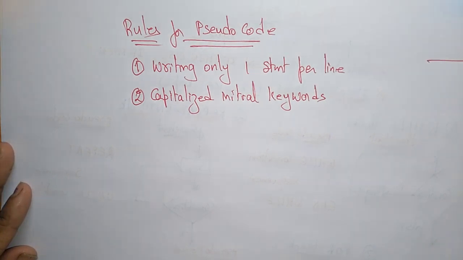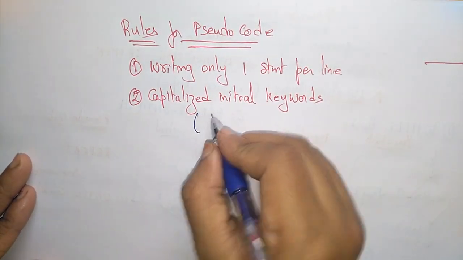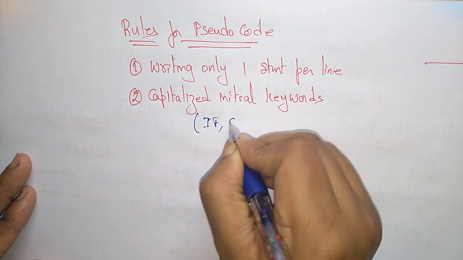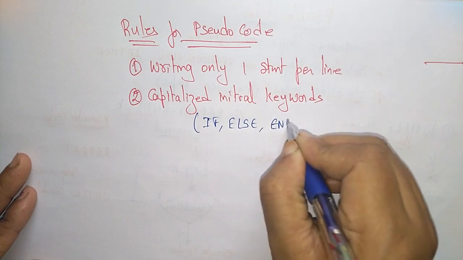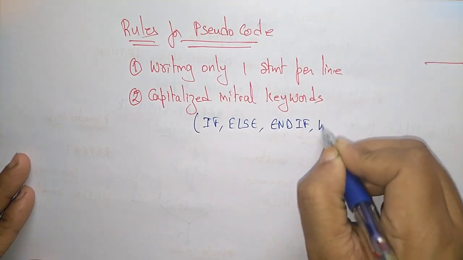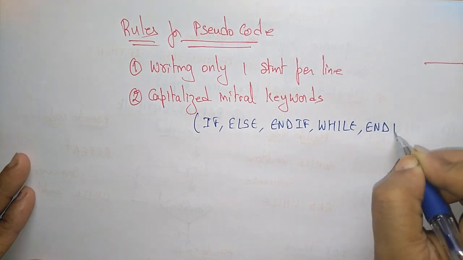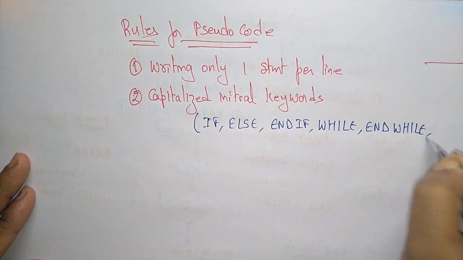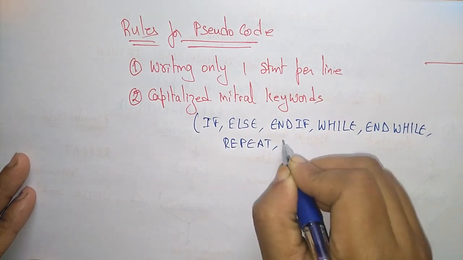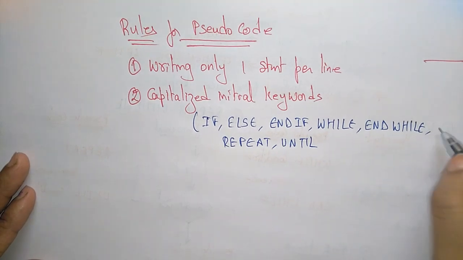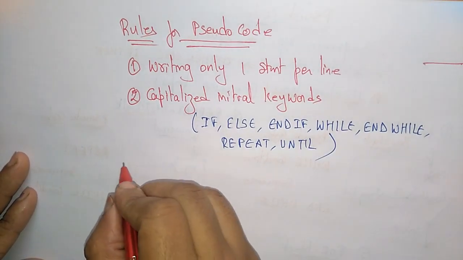There are only a limited number of keywords used in pseudocode: IF, ELSE, ENDIF, WHILE, ENDWHILE, REPEAT, UNTIL. So that is the second rule.